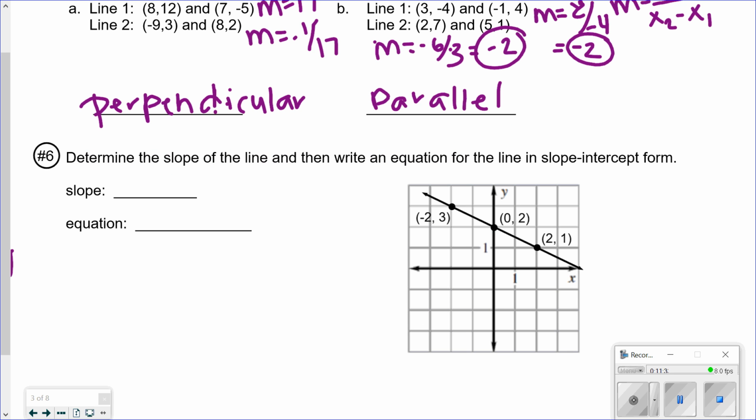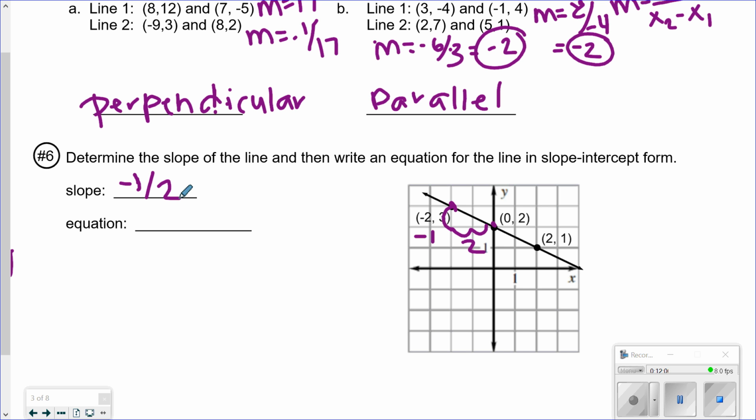Determine the slope of the line and then write an equation for the line in slope-intercept form. All right, slope is rise over run. So if I go from this point to this point here, I'm going down 1, so that is negative 1, and over 2, which means my slope then is equal to negative 1 divided by 2, negative 1/2.